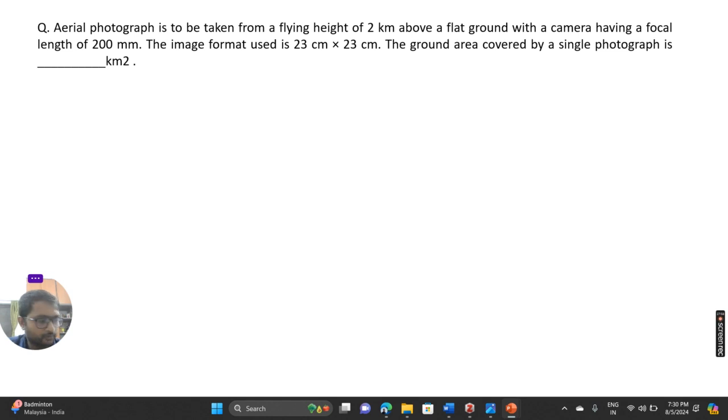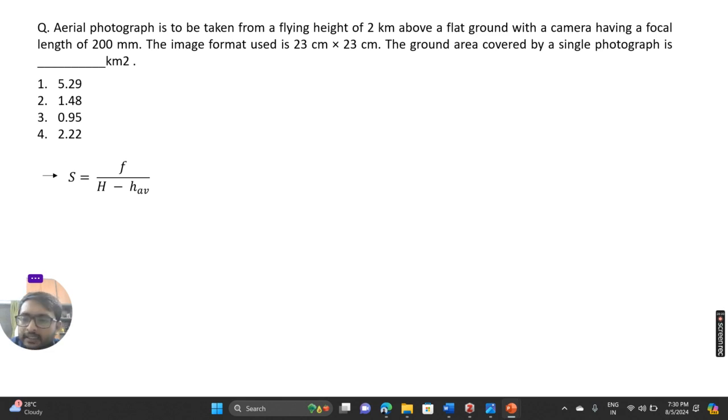So anyone? These are the options. Here we will use the same formula that scale is equal to f divided by capital H minus h average.